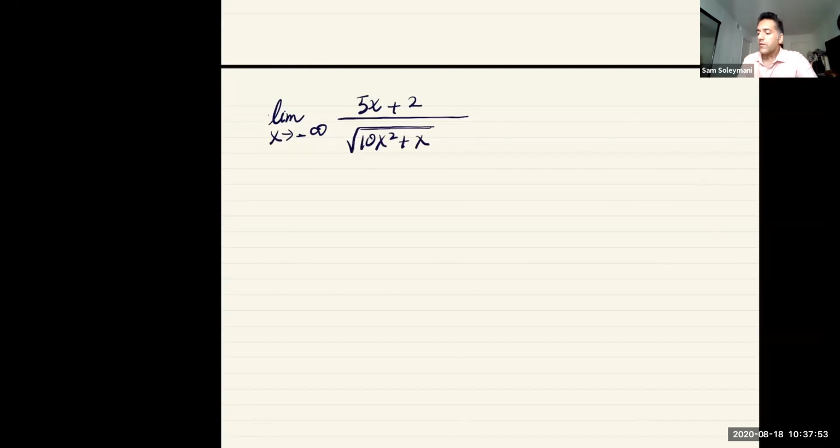When you plug infinity in, by the way, we don't plug infinity in. For those of you who have to take my Math 8 class in the future, I don't want to see you plugging infinity into an expression.